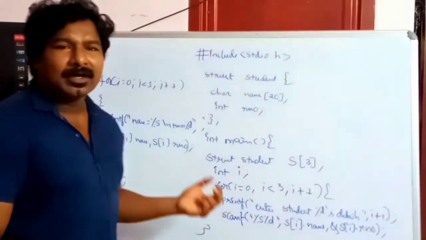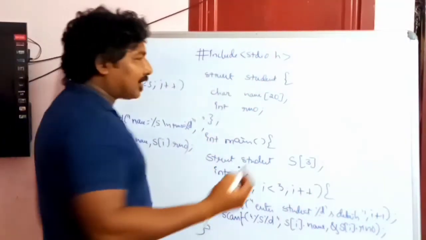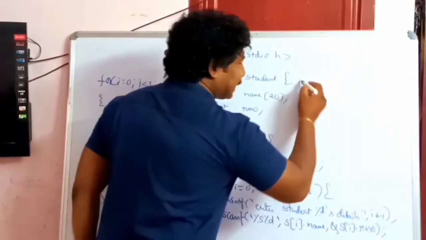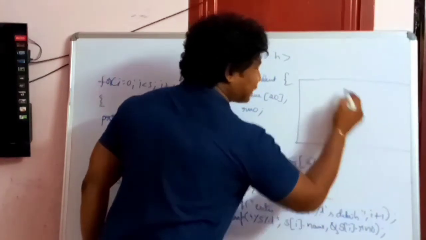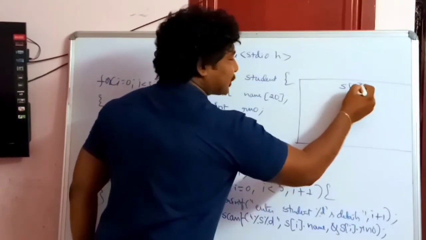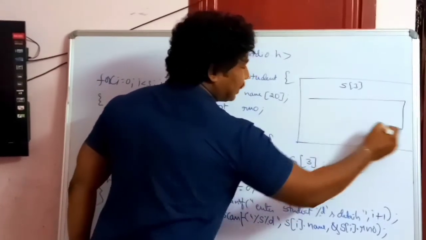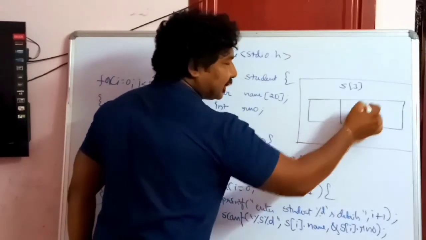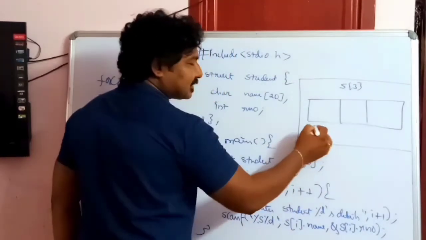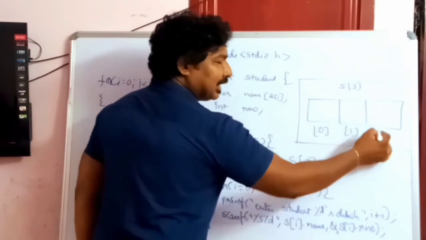Okay, so how will this look in memory? I'll draw a small diagram here. For example, this is s with the size 3. So an array will be created here with 3 elements. This is index 0, index 1, index 2.